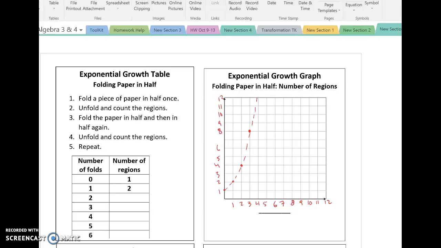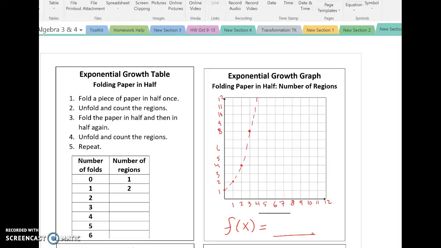Mine isn't filled in, but yours should be. The situation, so describing what's happening to the paper, your graph from last time. And now that we know a little bit more about how to write equations, we're actually going to add our exponential equation. So let's write f of x is equal to, and go ahead and fill that in.